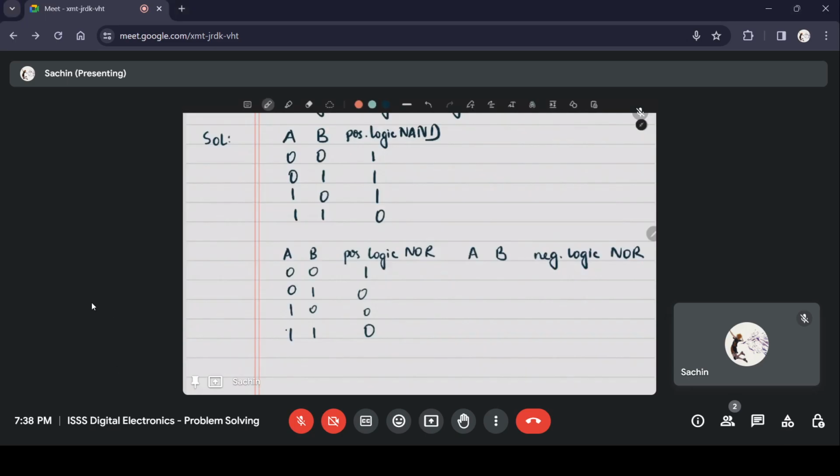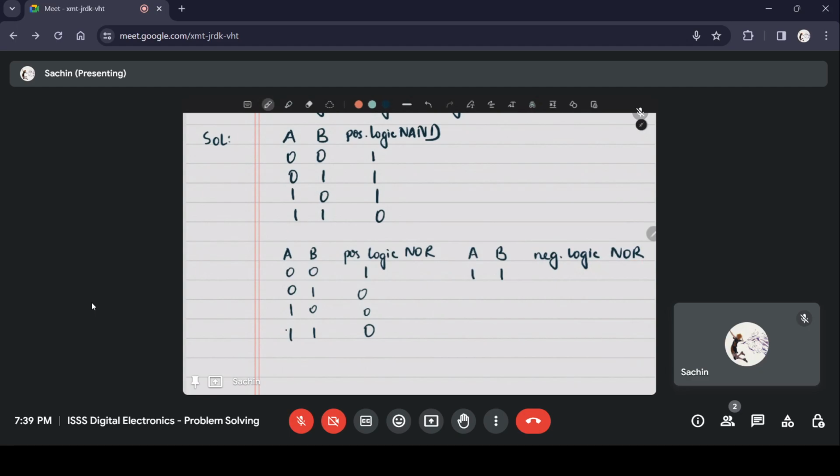So if your input is 1, then it is considered active low, and in NOR, if both your inputs are active low, you should get an active high output.